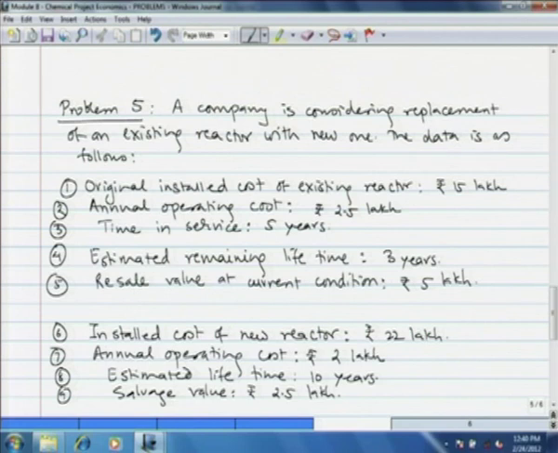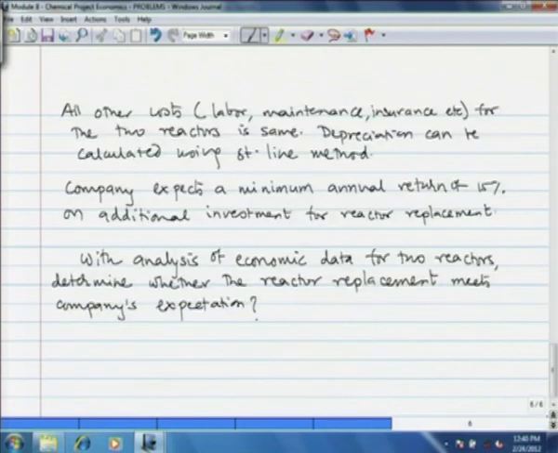Now, the data for new reactor: the initial installed cost is rupees 22 lakh, the annual operating cost is rupees 2 lakhs, the estimated lifetime is 10 years and the salvage value after 10 years is rupees 2.5 lakhs. All other costs such as labor, maintenance, insurance, etc. for the two reactors is same.